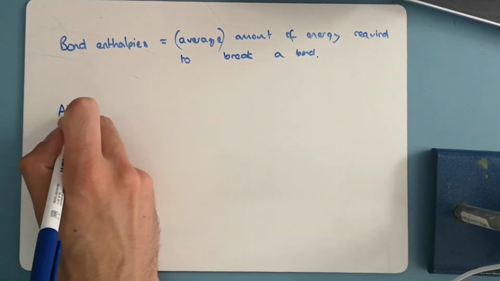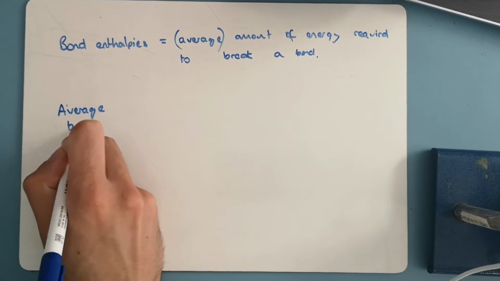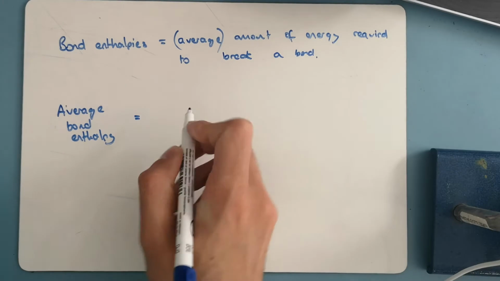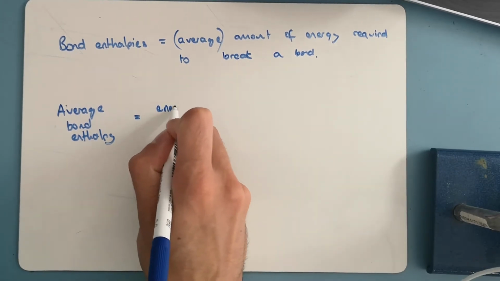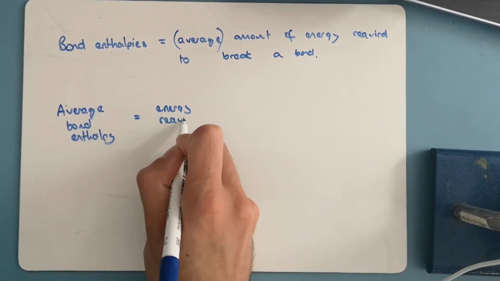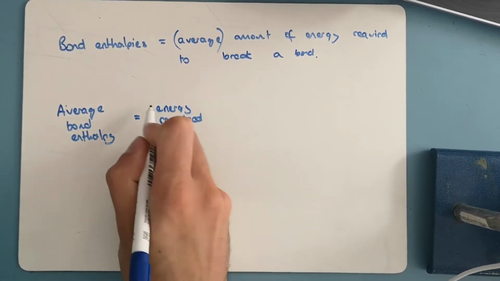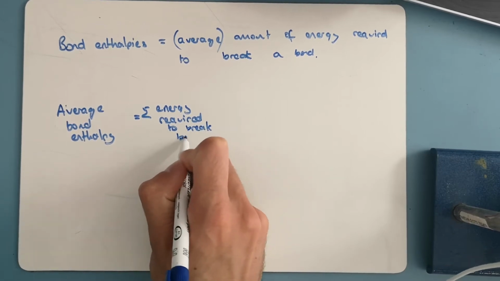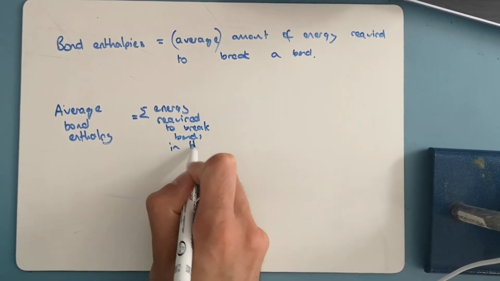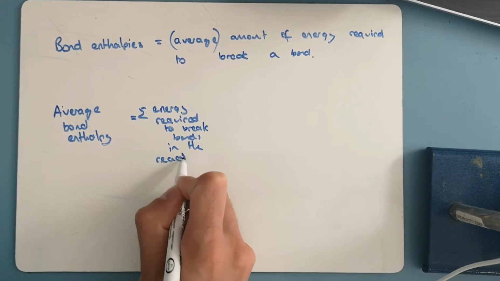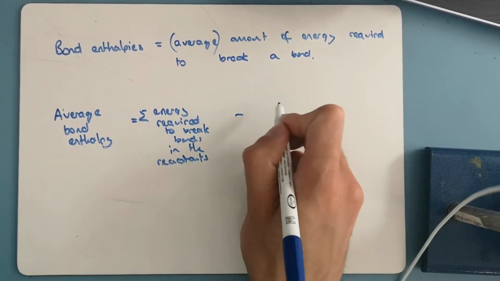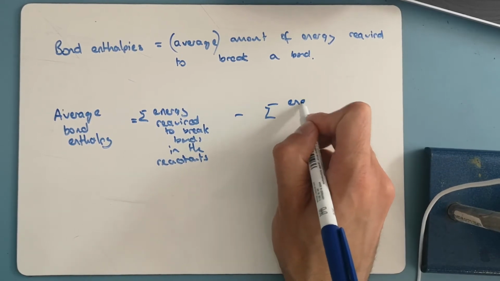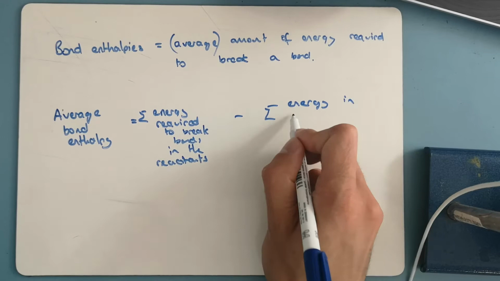So average bond enthalpy equals energy required to break bonds, or the total energy required to break bonds in the reactants, minus the sum of all the energy in the bonds formed.